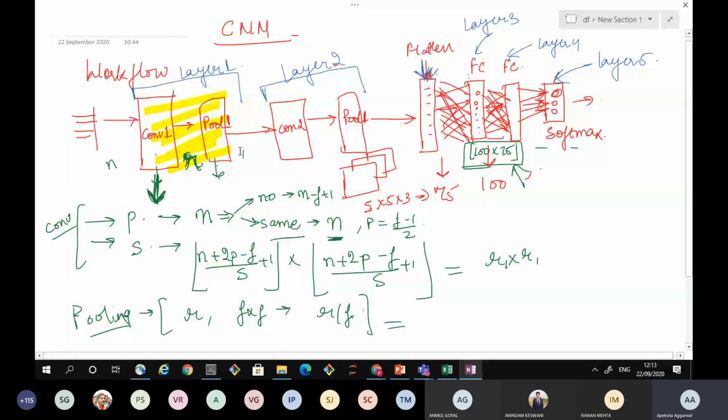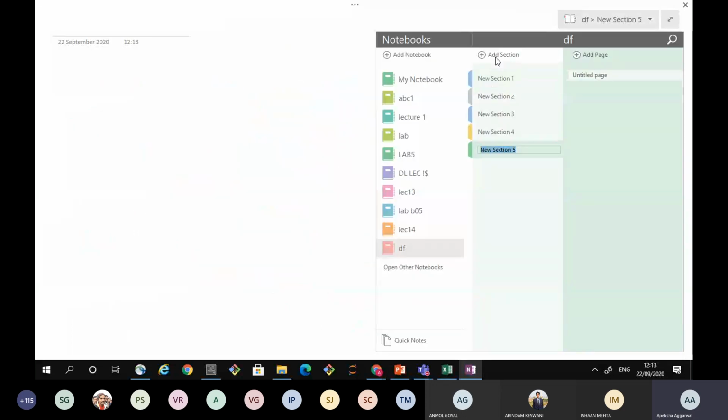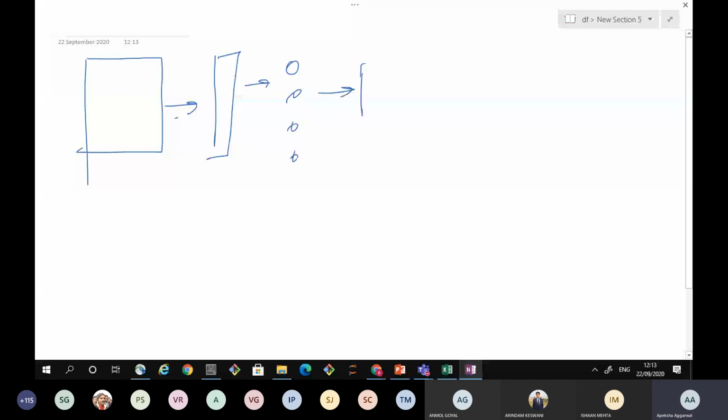In the last class, somebody asked me what is the need of doing this convolution. We could have simply taken this image, flattened it, learned the neural network and given the output, right? The first reason that was discussed was the number of features.